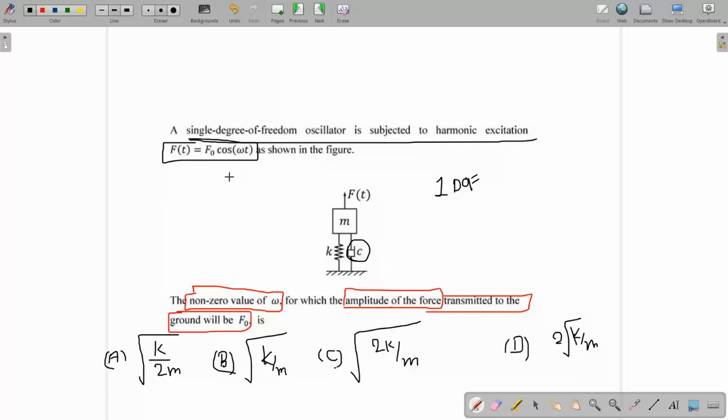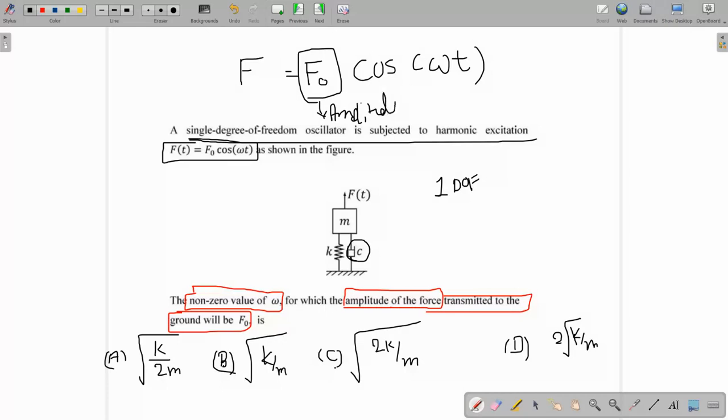Now, this is the force, F is equal to F0 cos omega t. This is given. Now what is F0? This is called the amplitude, as you might have studied in first year mathematics.